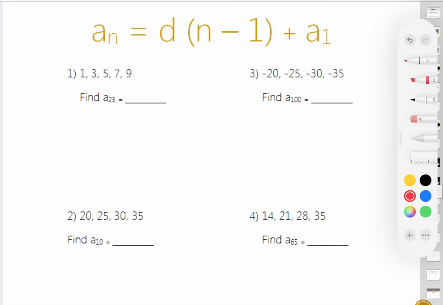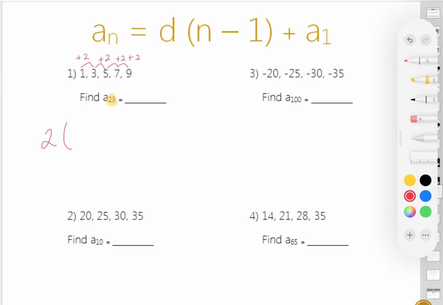Okay, step 1. I need to find the common difference. To get from a 1 to a 3, we add 2. To get from a 3 to a 5, we add 2. So I know that the common difference is 2. Then the n is the desired number, written right here.